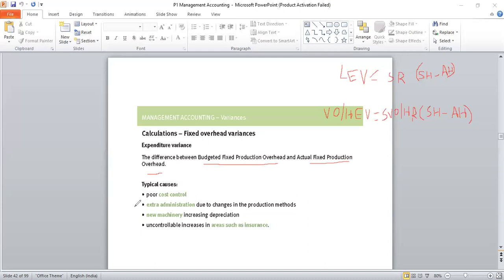That is not subject to cost per unit, but is a commitment made to purchase another asset. Extra administration due to changes in the production method, new machinery increasing depreciation, uncontrollable increases in areas such as insurance. These are the causes for increase in fixed overhead.